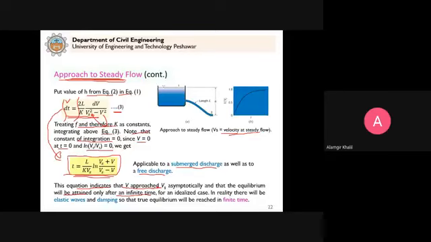Because when V is equal to Vs, anything divided by 0 makes the time infinite. But practically we see that it will approach the steady condition, because we use simplifications and neglect other factors. So in reality, there will be elastic waves and damping. These factors will be responsible so that true equilibrium will be reached in finite time.